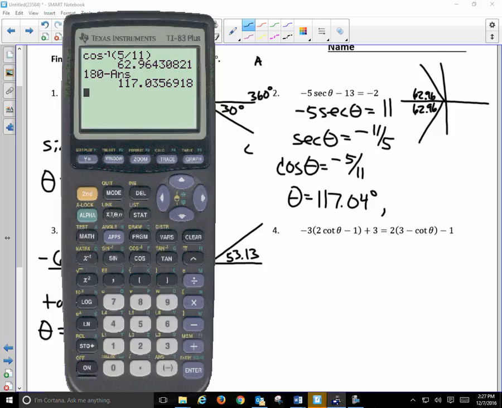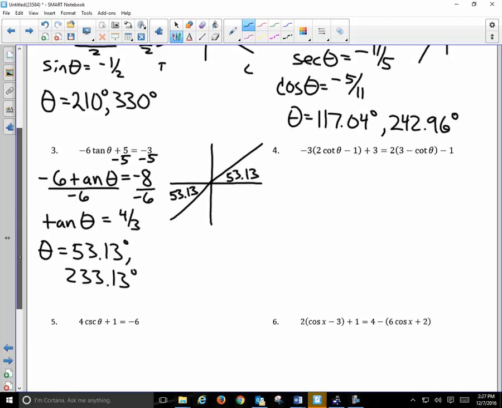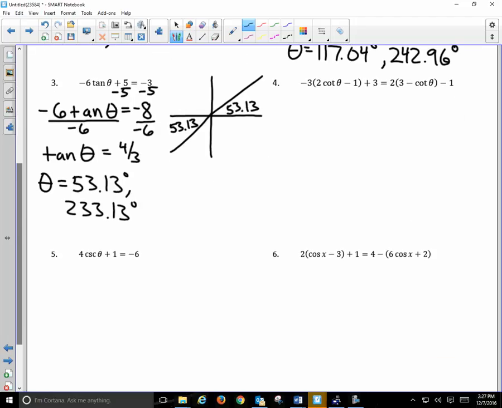And if you do 180 plus 62.964, you get, whoop, I did the minus again. Switch to plus. I get 242.96. In all of your results for today, you're going to get two solutions. Two solutions.